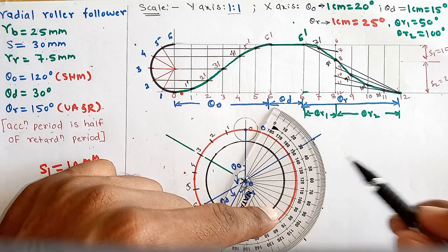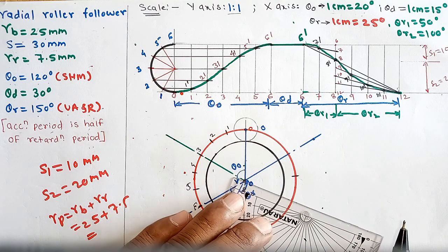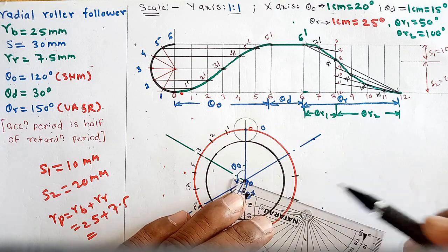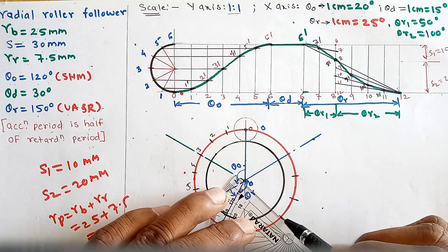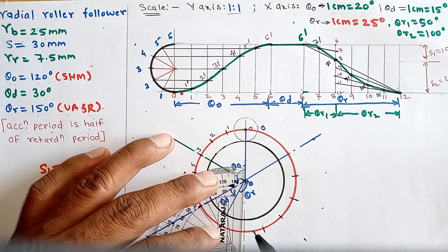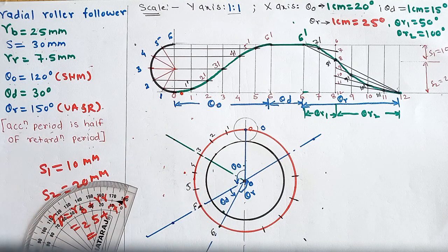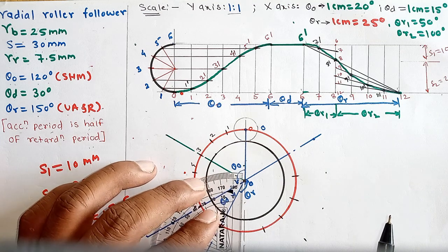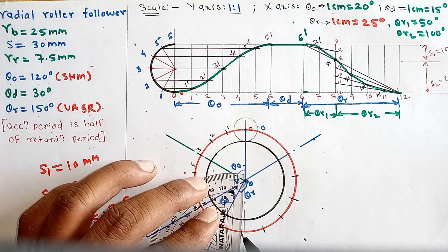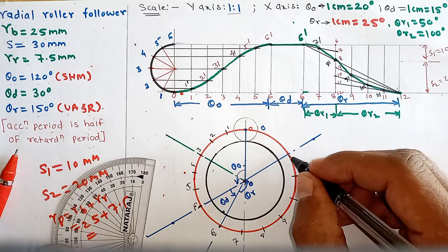So 1, 2, 3, 4, 5, 6. Now we'll mark the divisions on the prime circle. Okay, 120 plus 30, 150. This is the first one. So we'll number these divisions 6, 7, 8, 9, 10, 11, and this one is 12.